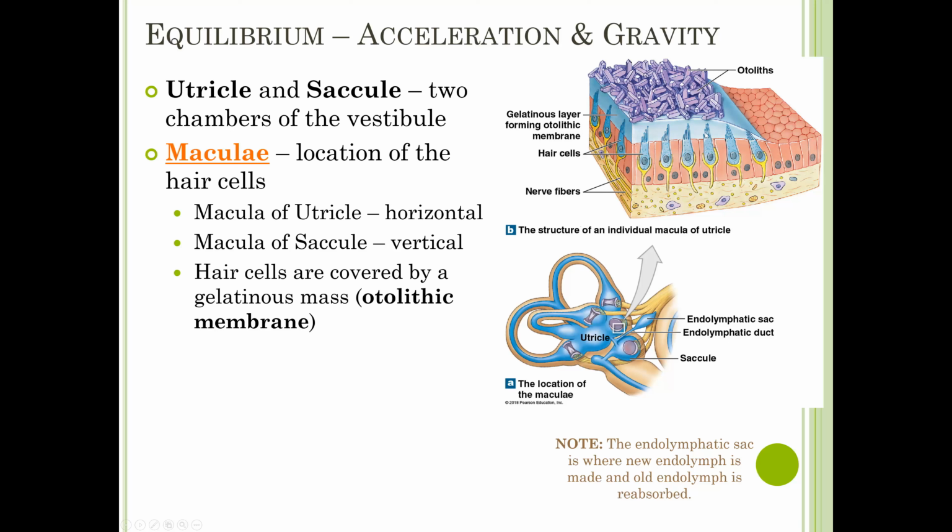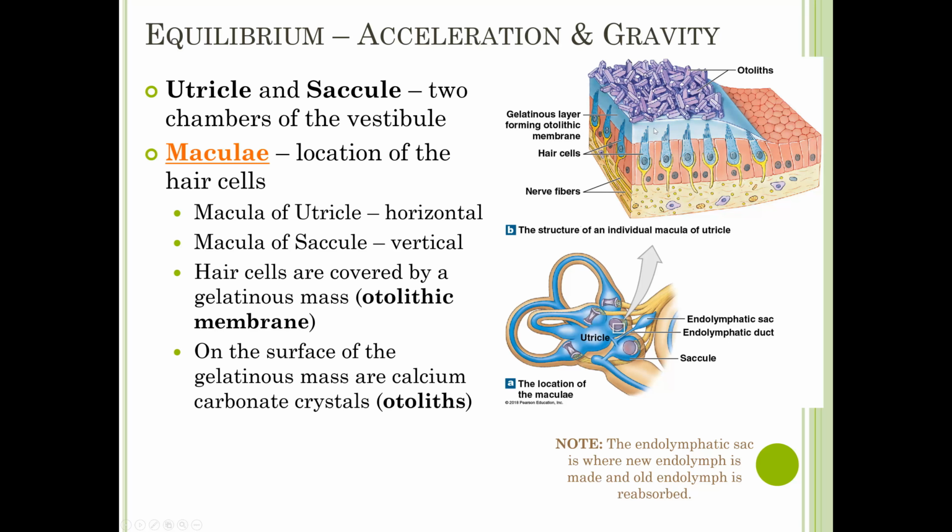And then a difference here is that sitting above this gelatinous mass are a bunch of tiny little calcium carbonate crystals called otoliths. And otoliths is actually Latin for ear stone. So oto is the root word for ear, and lith is the root word for stone. So these literally mean ear stones.